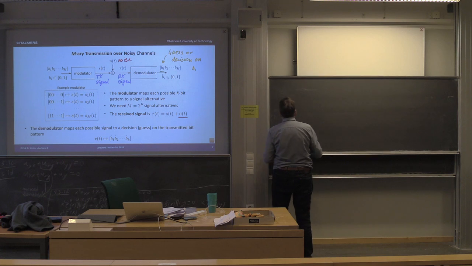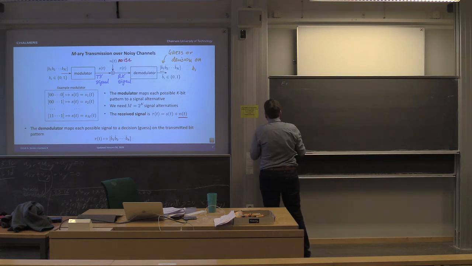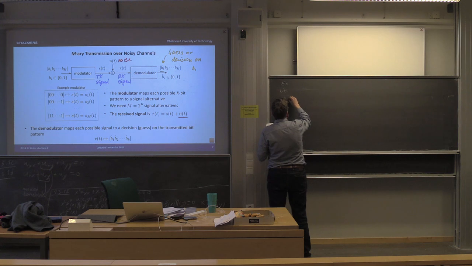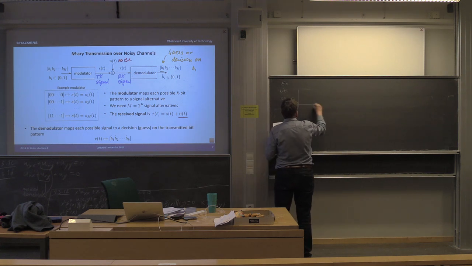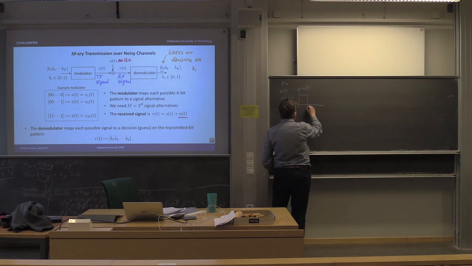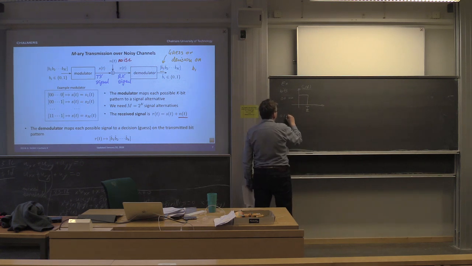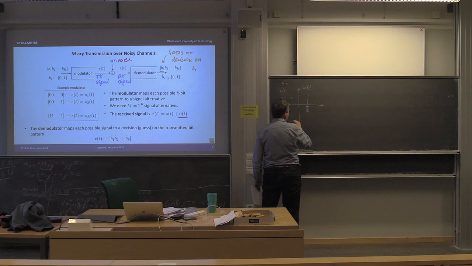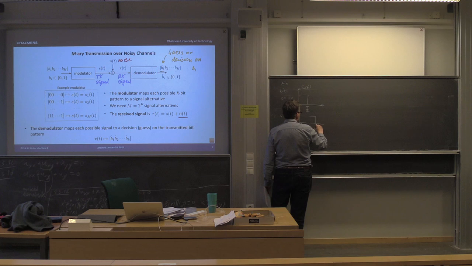So to make this concrete, suppose we have our bits here, 0, 0, which is then mapped onto a signal alternative, and perhaps it's something that looks like this. So this is our first signal alternative, some square wave. Let's put in some variables here. And then we have 0, 1. That's mapped to another signal alternative that looks something like this, perhaps, where this is t.